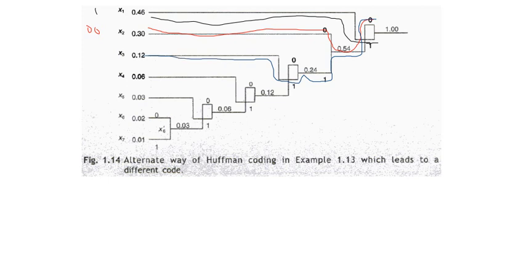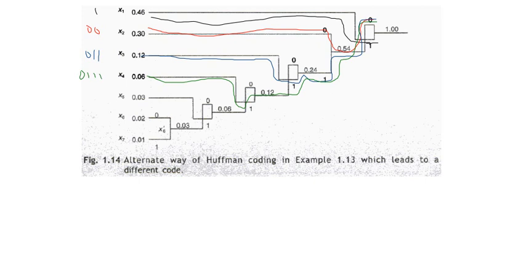Then x4 is 0 1 1 1, that is 0 followed by three ones.